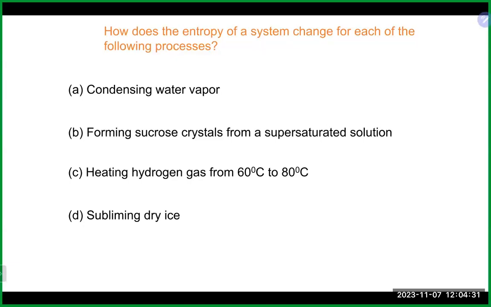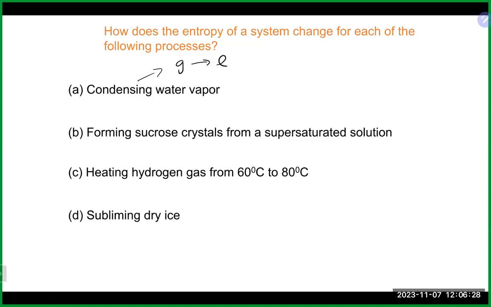So for these different processes here, decide how the change in entropy of the system changes. Does it increase or decrease? Would we expect a positive or negative value? Okay, let's take a look. Condensing water vapor is condensation, which means you are going from gas back to liquid. That is definitely going to create more order.